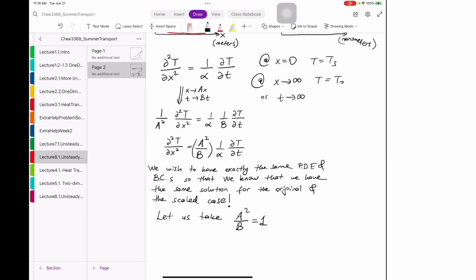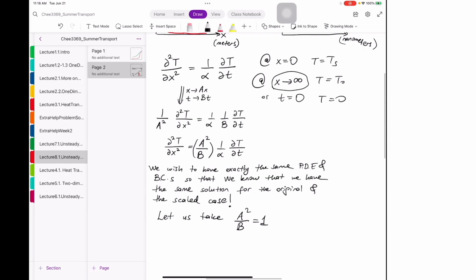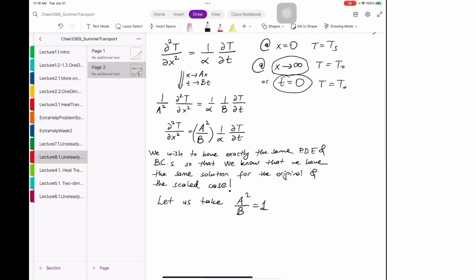At time equal to 0, initially, T is equal to T0. So basically, either x approaches infinity or time approaches 0, you have temperature equal to the initial temperature, T0. Okay?